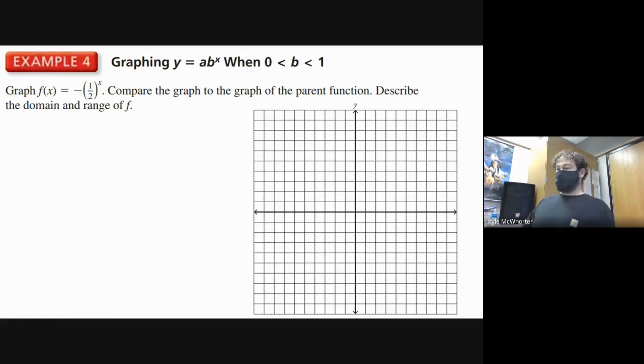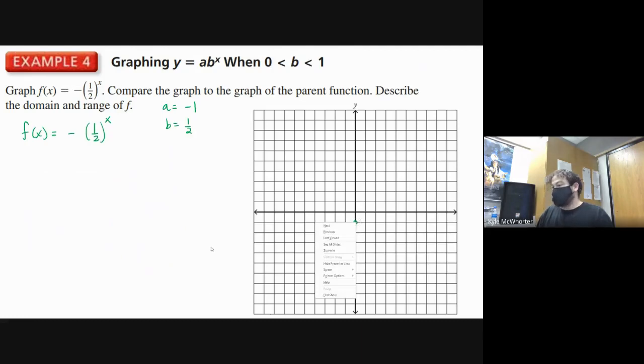So over here, compare the graph to the graph of the parent function, and describe the domain and range. Okay, so let's just look at f of x equals negative, parentheses, 1/2 to the x. On this one, our a value is -1, and our b is 1/2. So if our a value is -1, that means our y-intercept is supposed to be -1.